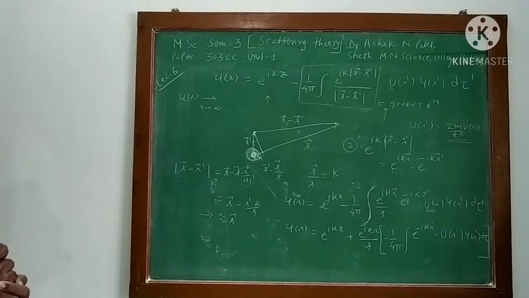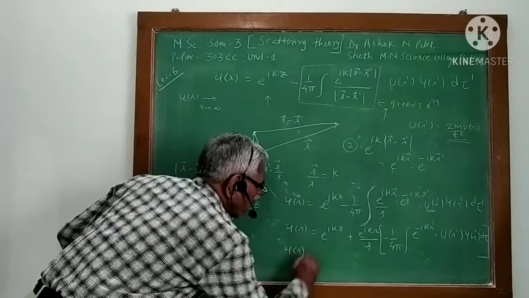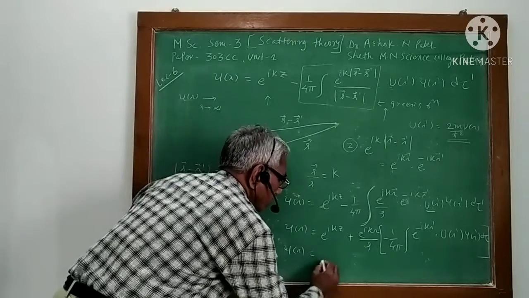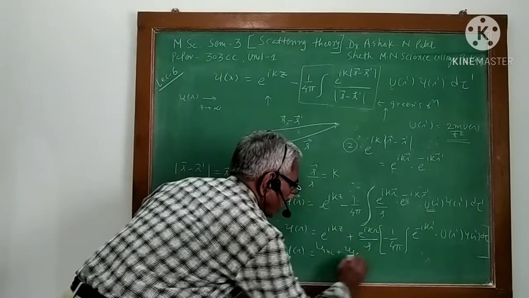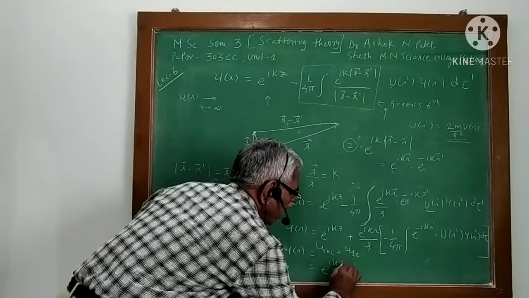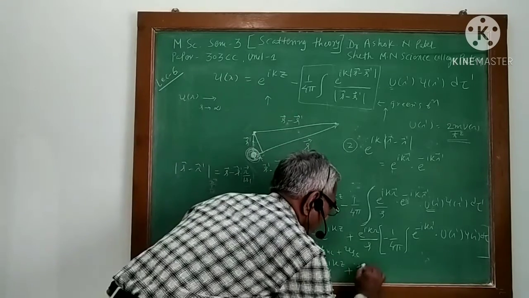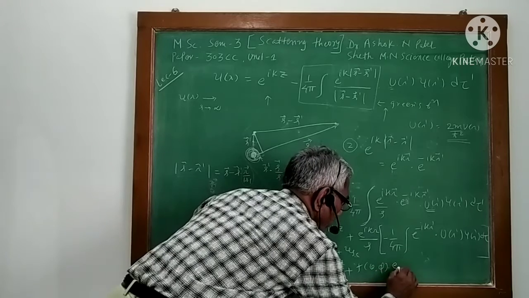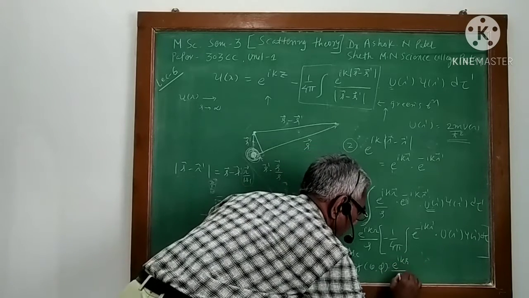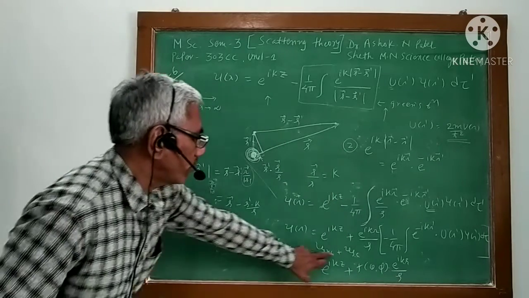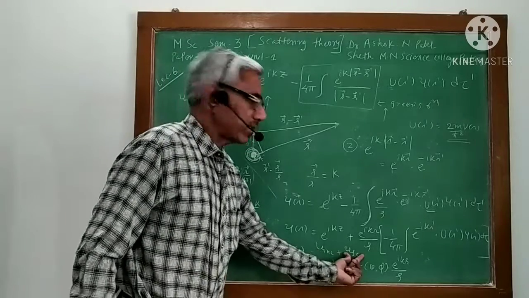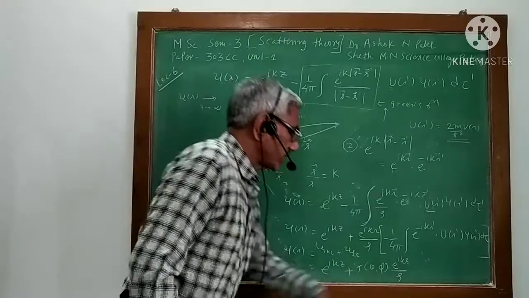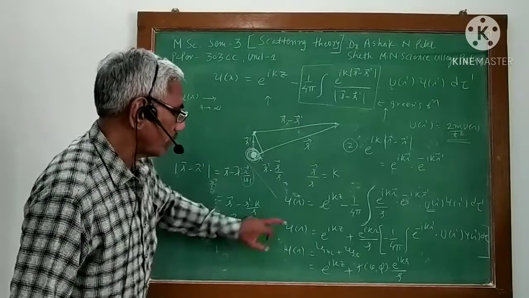Okay. Now just try to recall our earlier general equation. u(r) is just like u incident plus u scattered, and that is e^{ikz} plus f(theta, phi) into e^{ikr} upon r. You just try to recall this formula. We have written earlier that this part is the incident part plus the scattered part. Incident part is this, scattered part is this. Now you compare these two. You just compare.